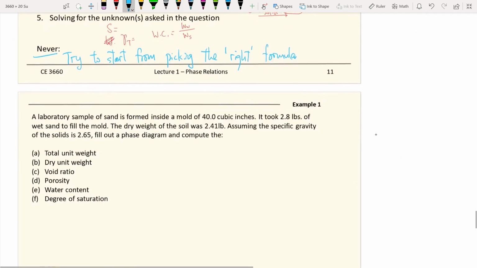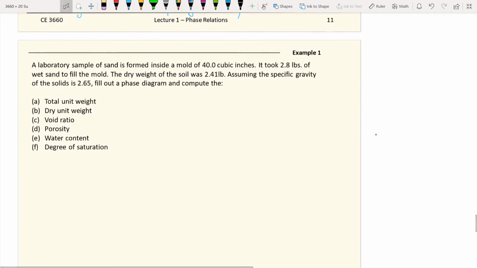Okay, so let's try to solve one example. Actually, I have 2 examples here. So example number 1, let's work on this. Again, the question says you have a sample of sand within a mold that is 40 cubic inches. So the volume is equal to 40 cubic inches, and you fill it up with 2.8 pounds of wet sand.